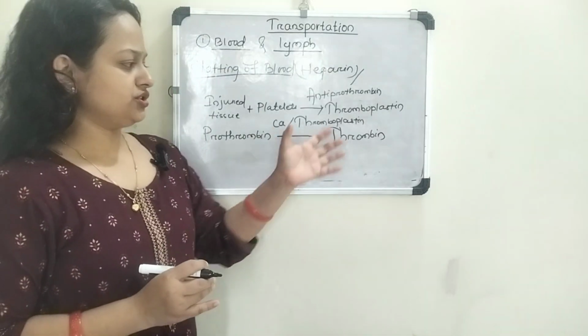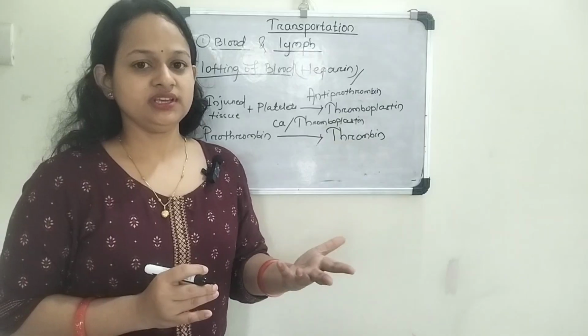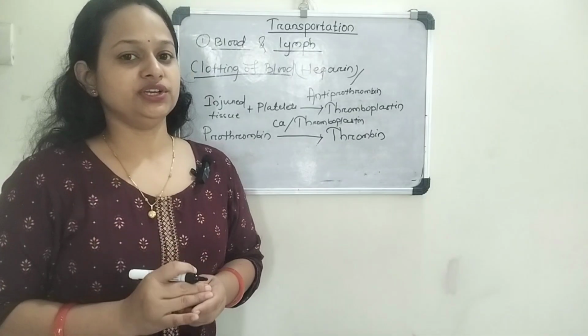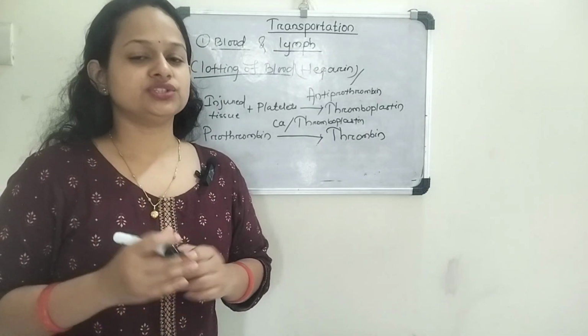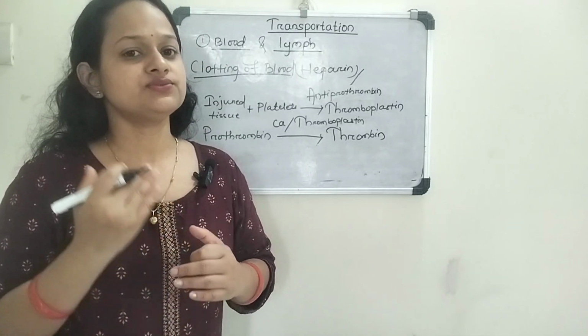After the formation of thrombin, it undergoes some catalytic activity and converts the soluble form, fibrinogen, into the insoluble form, that is fibrin.